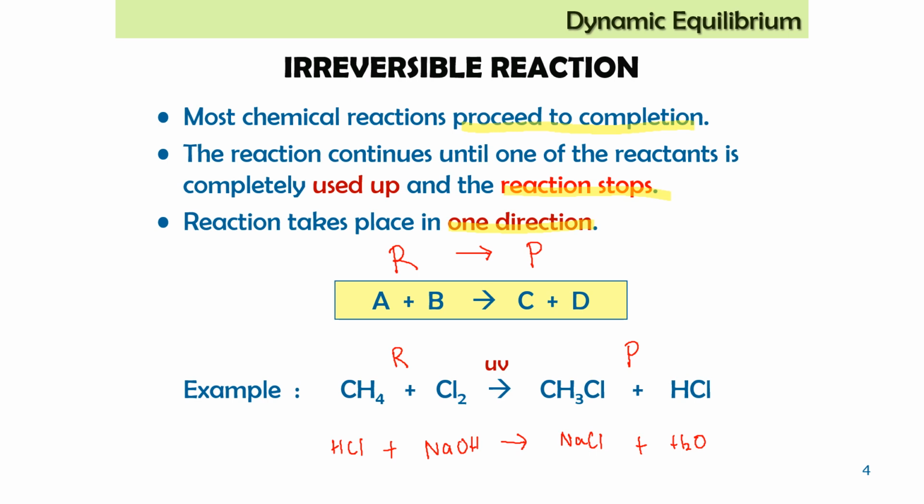So ini adalah konsep that you have learned before this. Dia akan ada konsep limiting reactant. Okay, tapi untuk this chapter 6, kita tak fokus on this limiting reactant. Kita akan fokus for reversible reaction.